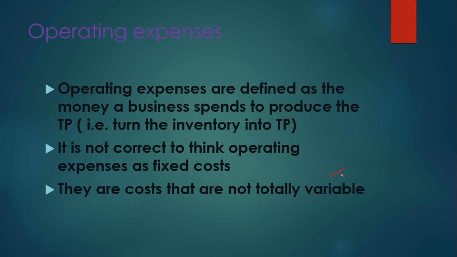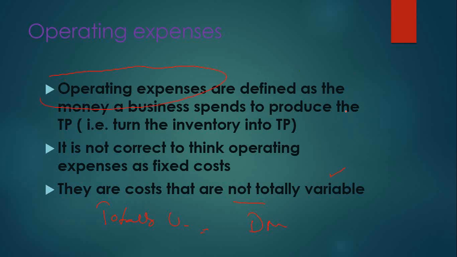The only totally variable cost is direct material cost. There are certain other costs which are not fully fixed, not fully variable. The partial variability, partial fixed, all that is called operating expense.